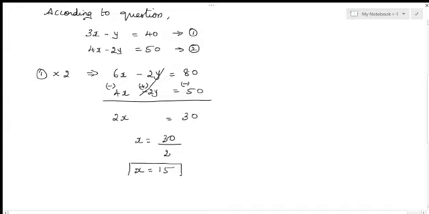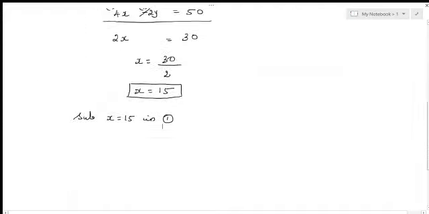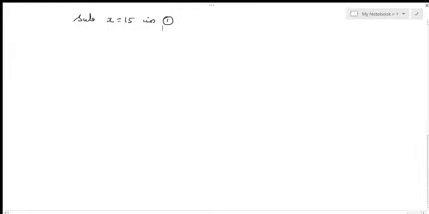So let us substitute x equal to 15 in equation 1. What is your equation 1? It is 3x minus y equal to 40. So 3 into, instead of x, it is 15, minus y equal to 40. 3 into 15 is 45, minus y equal to 40.